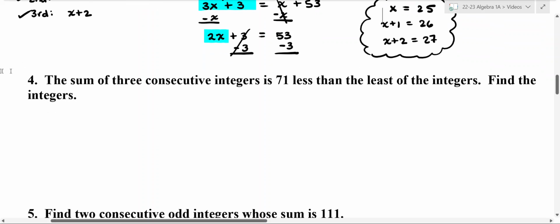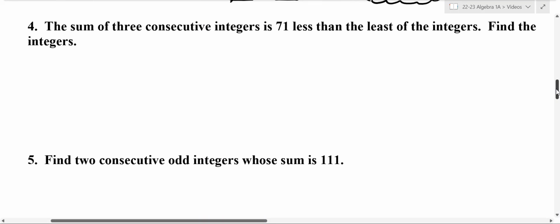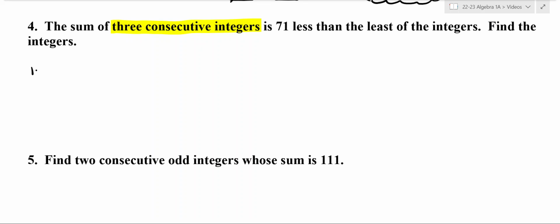Right, next example, number 4. The sum of three consecutive integers is 71 less than the least of them. All right, so let's focus. We have three consecutive integers. All right, we know that they're consecutive, so that means this is x plus 1, x plus 2.